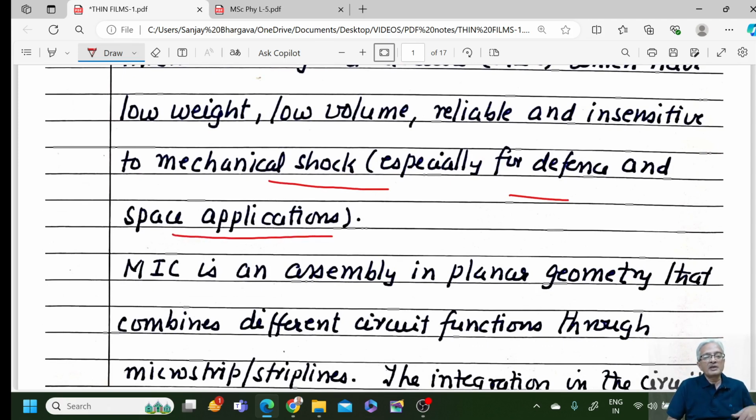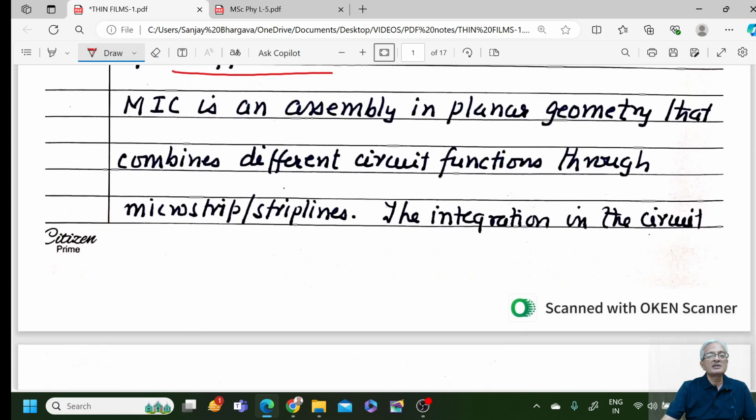When we talk about MIC, the question is, what are MICs? So MIC is an assembly in a planar geometry that combines different circuit functions through microstrip and strip lines.